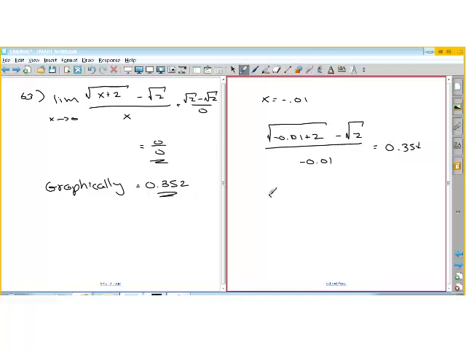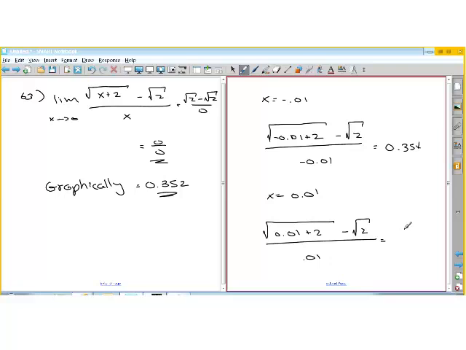And if I took a number very close to 0, but on the other side, plug those in, I'd have the square root of 0.01 plus 2 minus the square root of 2, all divided by 0.01. And if you do that, let's see what we get.